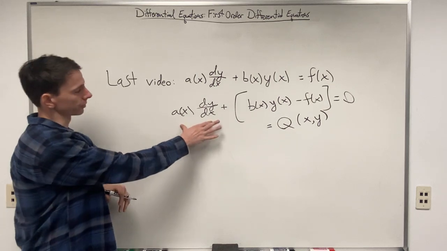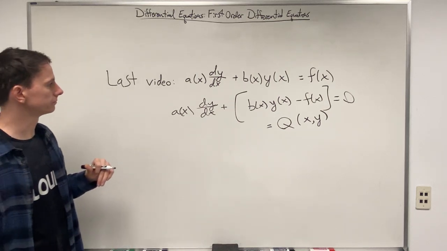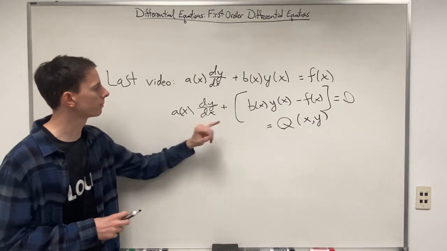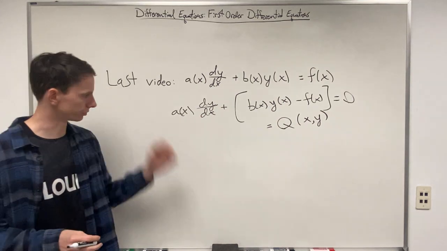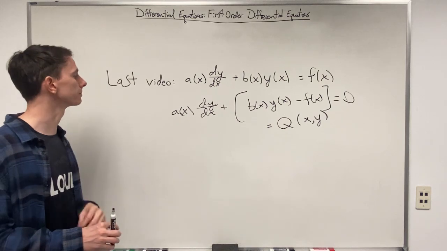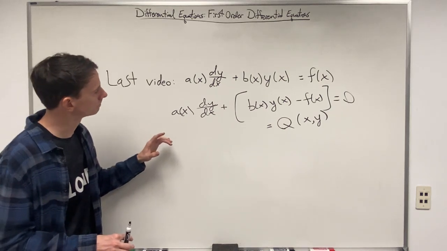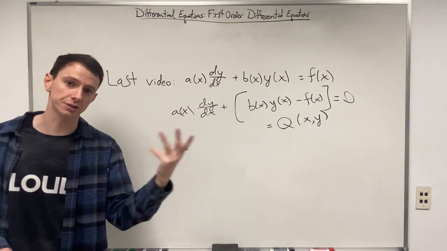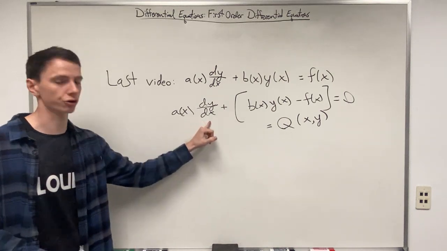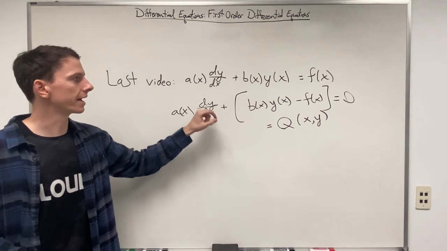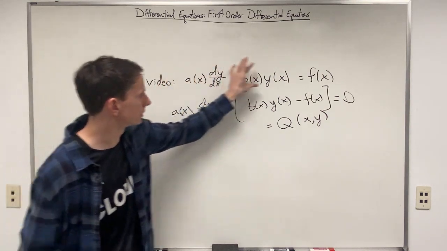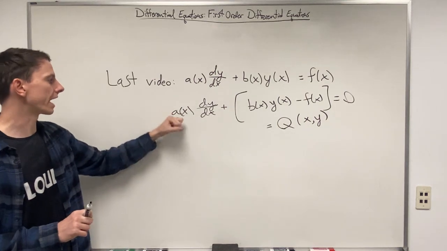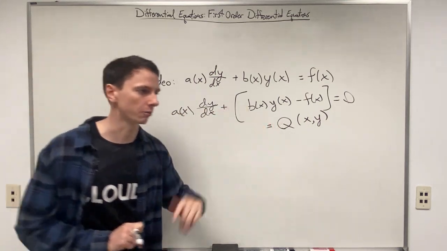Now, for this term right here, again, we could say that rather than just having one power of the derivative, we could have the derivative squared, derivative cubed, or whatever. What we're going to do, for the purposes of this video series, is leave this term alone and say that in generalizing from this equation to the nonlinear equation, rather than just having a of x, we're going to have a of x comma y.